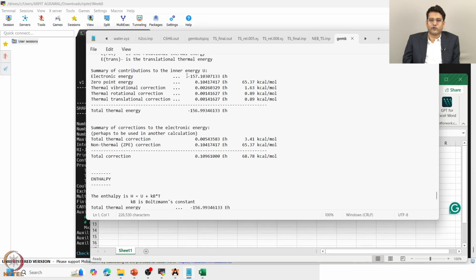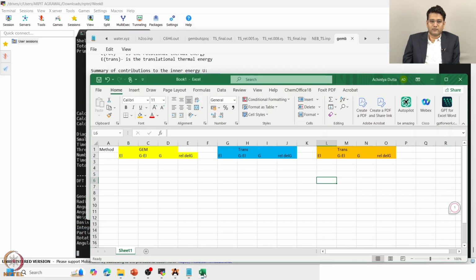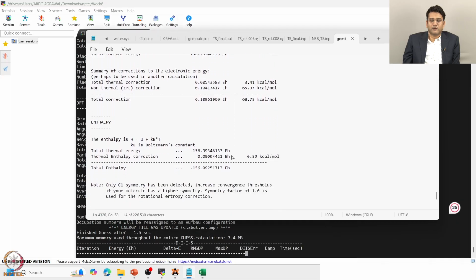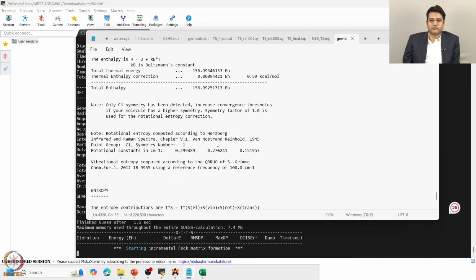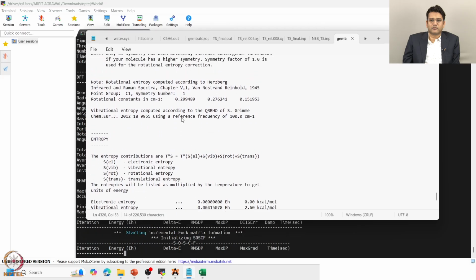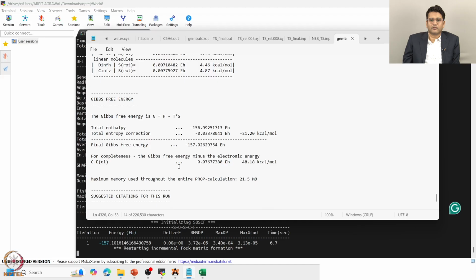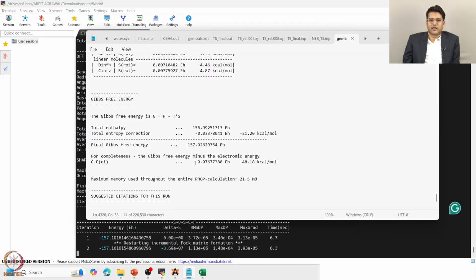So this is the total electronic energy. This is the Gibbs free energy minus the electronic contribution.